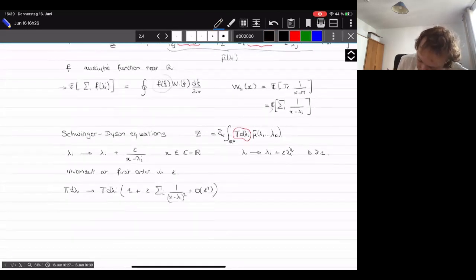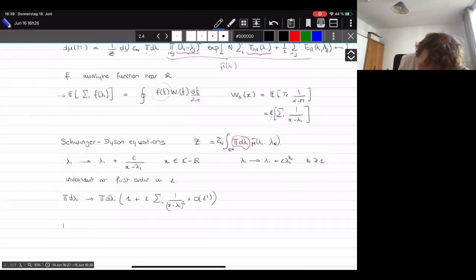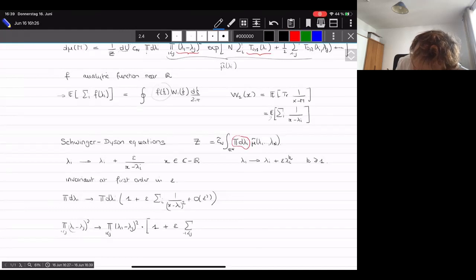So at the end, you're going to obtain many terms. Maybe I can write something like that. So this product here becomes itself, and here I have the log derivative. So the sum over i smaller than j, 1 over x minus lambda i minus 1 over x minus lambda j, and 1 over lambda i minus lambda j, plus higher order.